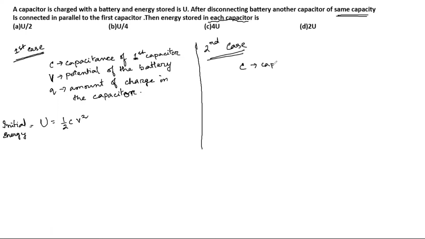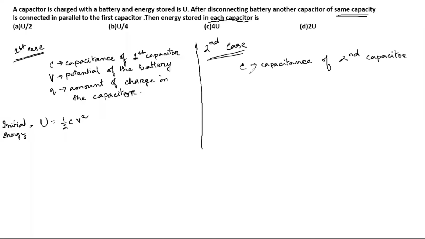So this is the capacitance of the second capacitor, and when they are connected in parallel, what will happen? A certain amount of charge is going to flow from this capacitor to the second capacitor.